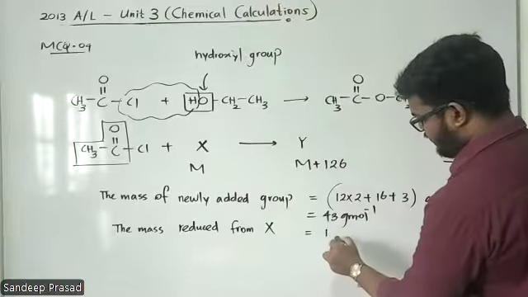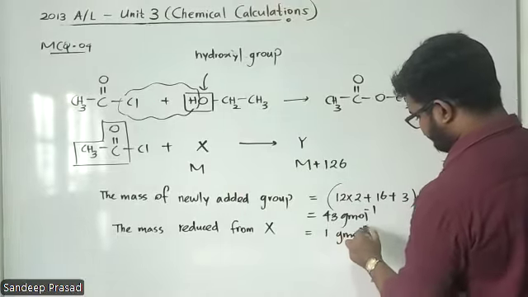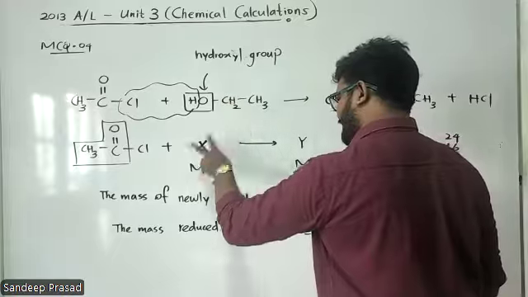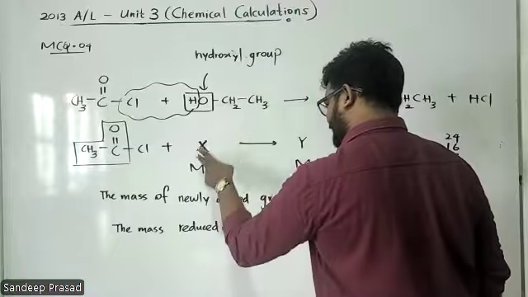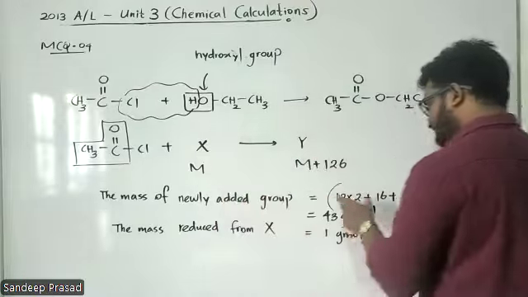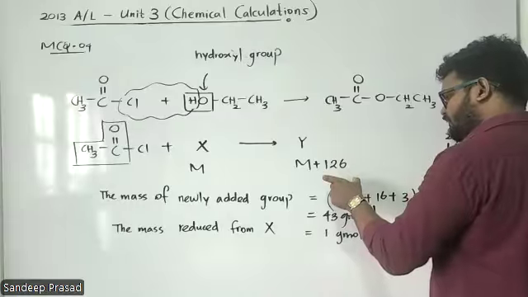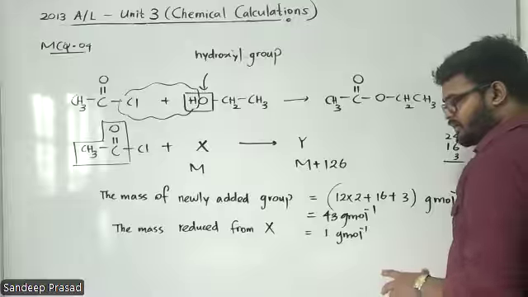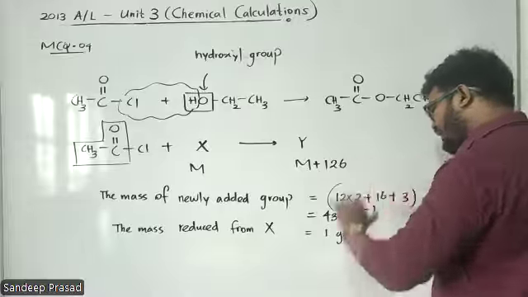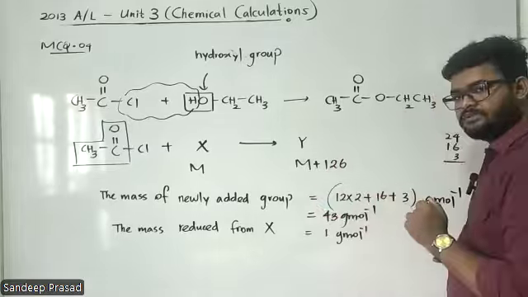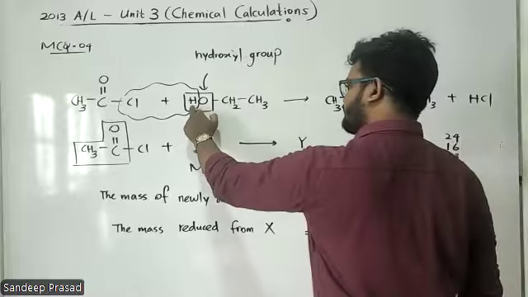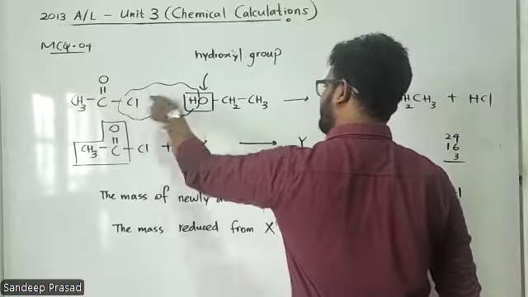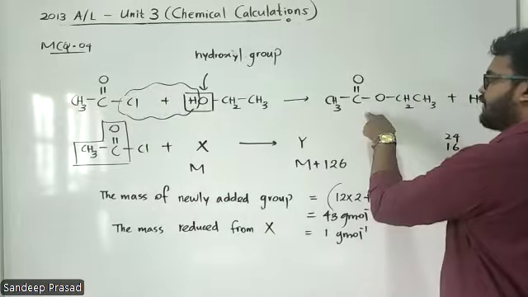So therefore, one hydrogen is 1 gram. That means, students, for capital X, you have to understand that per 1 mole, 43 grams is added, and per 1 mole, 1 gram is removed. Hydrogen is removed with the chlorine, and the CH3C double bond O is coming to the compound here in this way.